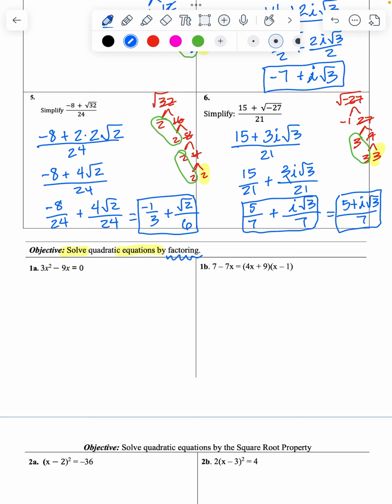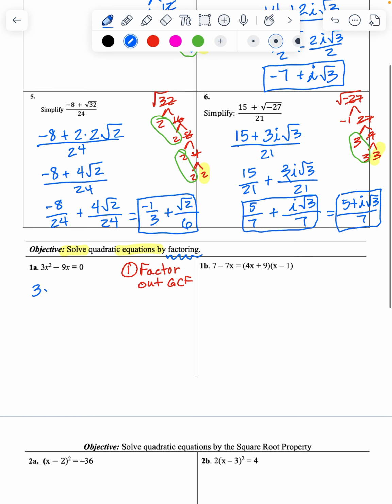1a, 3x squared minus 9x. We're going to first factor out any greatest common factor that we possibly can, GCF for short. So both of these terms have a 3, and they both have an x. So we're going to factor, we're going to divide out.